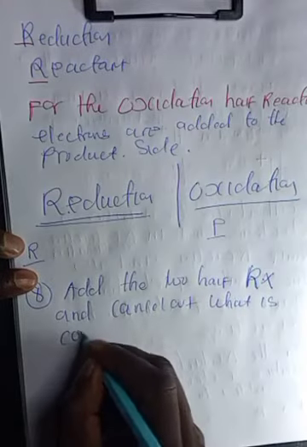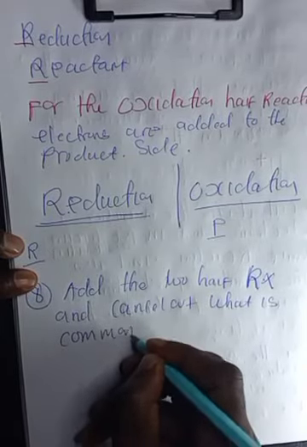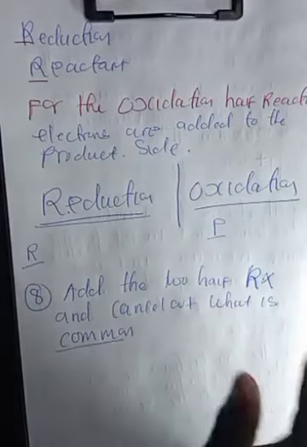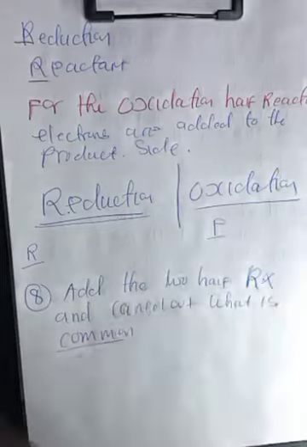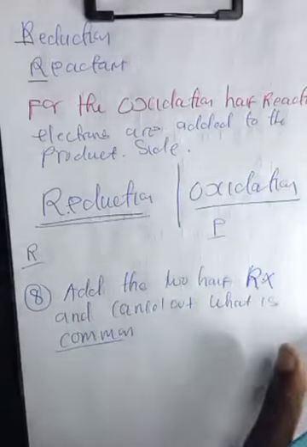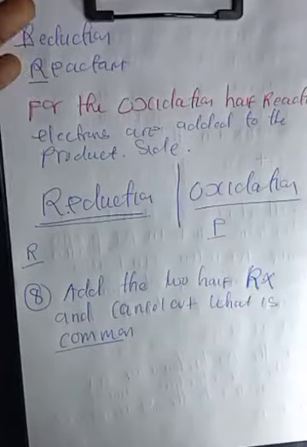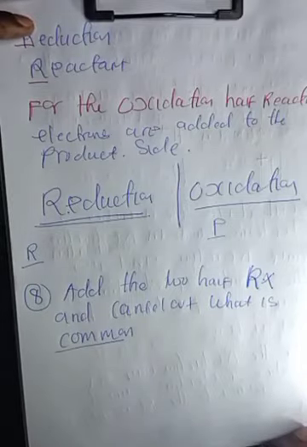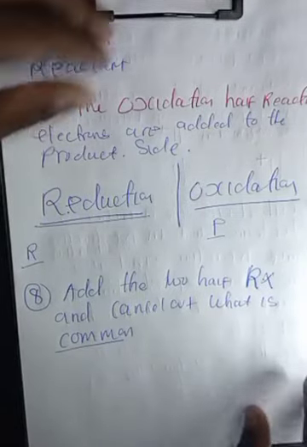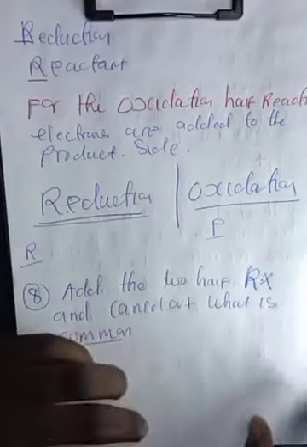What is common? When you say what is common, we mean what is appearing on both sides of the equation, meaning the reactant side and the product side. So these are some of the basic steps that you need to understand before we go for an example.